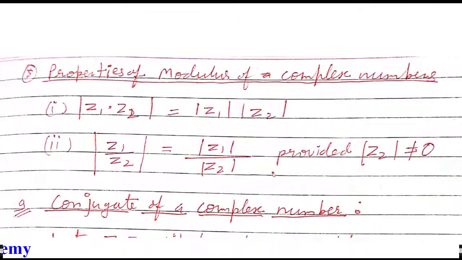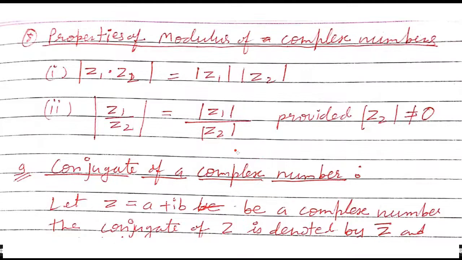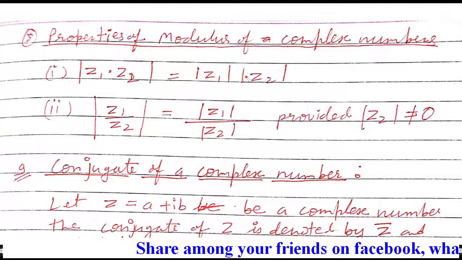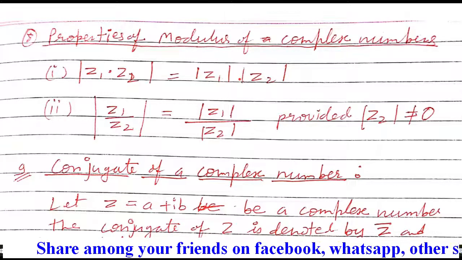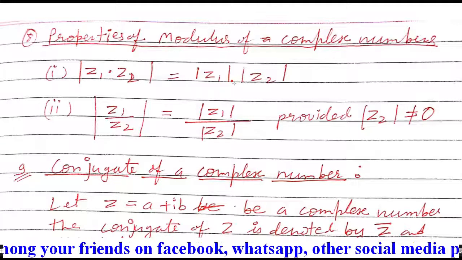Now, properties of the modulus of complex numbers. If you have two complex numbers z1 and z2 and you have to find the modulus of their multiplication, you can do it in two ways: either first multiply z1 and z2 and then find the modulus, or first find the modulus of z1 and of z2 and then multiply them. The meaning is going to be the same.